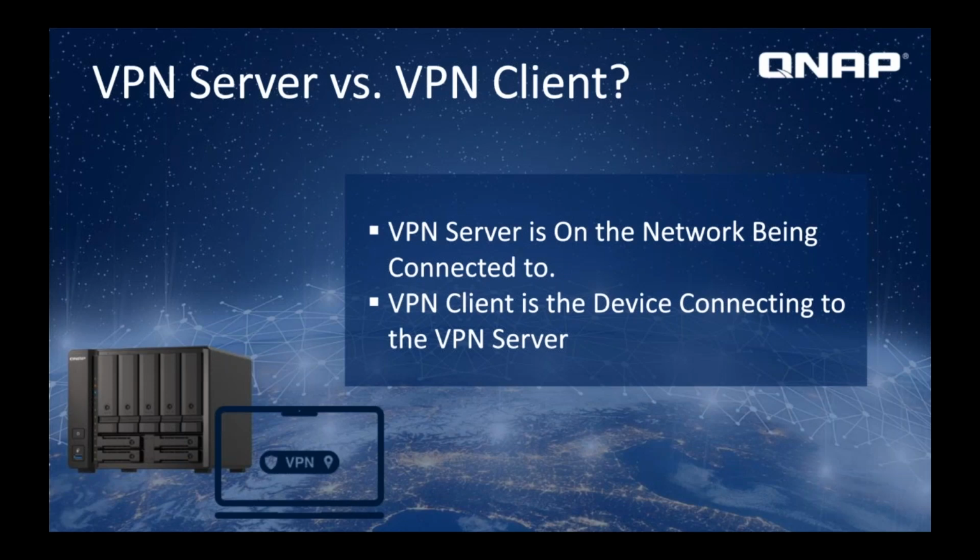QNAP's VPN service allows the QNAP to be used as either a VPN server or a VPN client, meaning that you can set up the QNAP as a VPN server so that devices can access the local network through an encrypted connection to the NAS, or the QNAP can access the internet through a third-party VPN service.